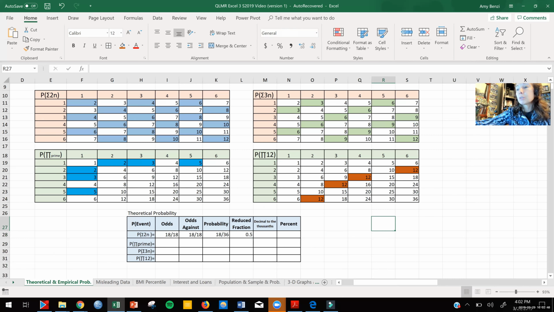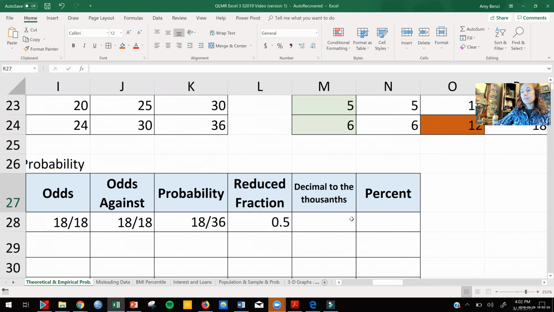Once we get done with this chart, my reduced fraction right here, which is 1/2, my decimal to the thousandths place, and my percentage are all going to be the same. So these are all the same numbers, just reported in different ways.